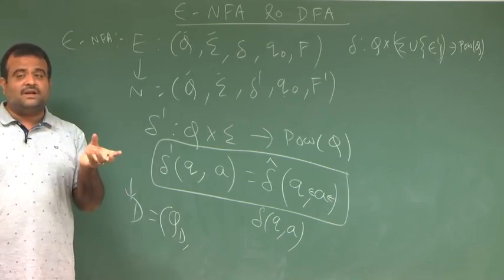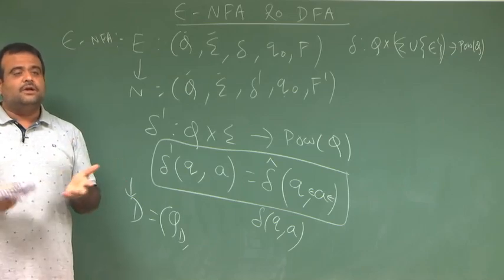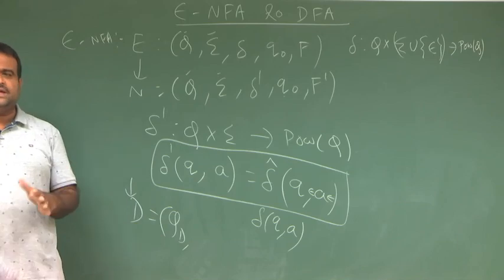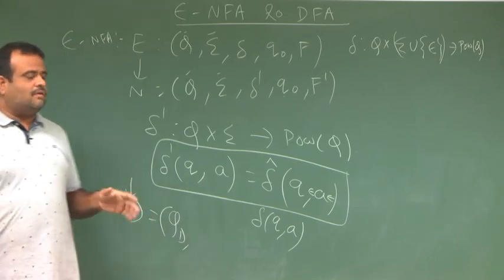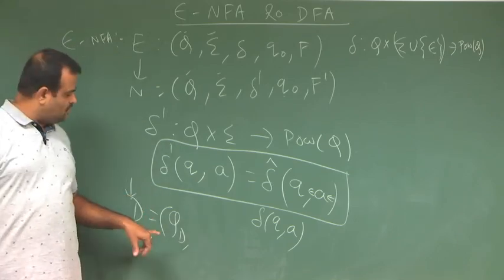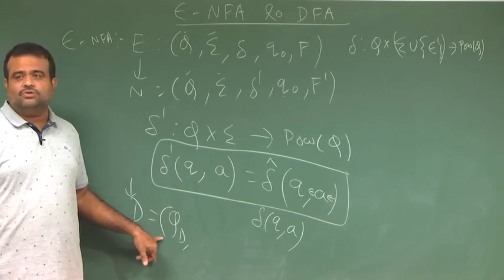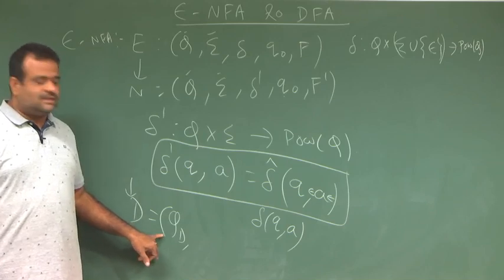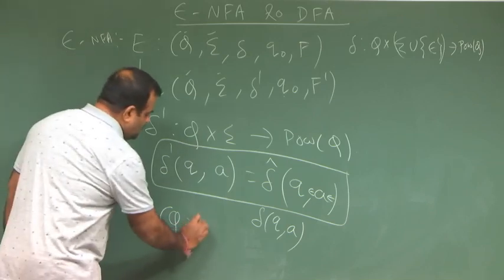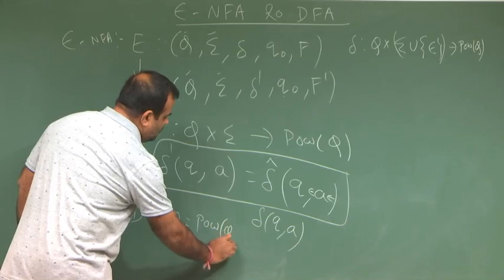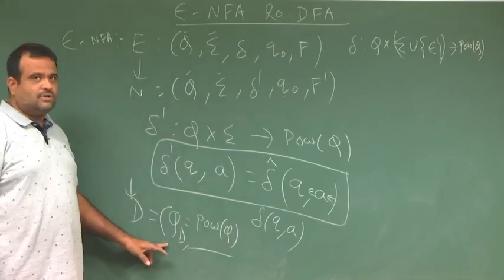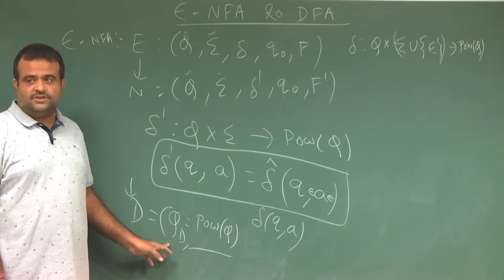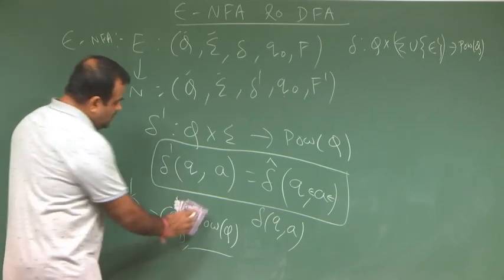In the worst case, if there are n states, it may happen that 2 to the power n is the size of this, but in many cases there are only about the same number of states. Theoretically it is the power set of Q, but we do not need to consider all the subsets, because a few are not reachable from the starting state.